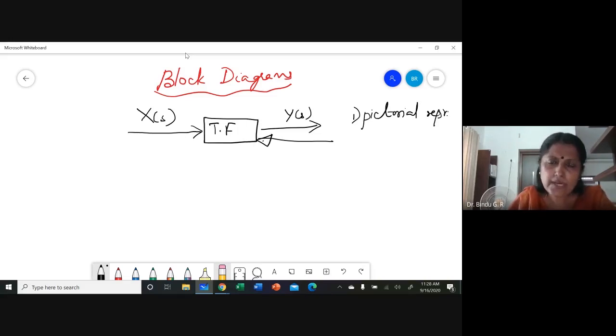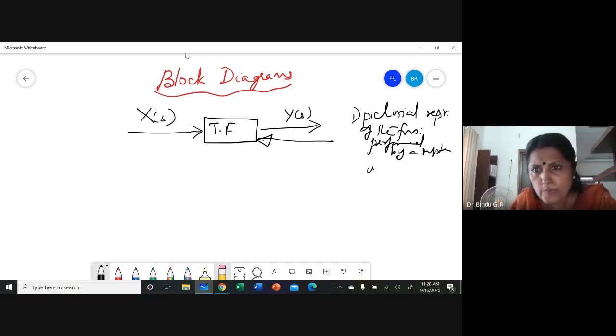So it is a pictorial representation of the functions performed by a system, and also of how signals are flowing. You have an input signal coming in and the output signal going out. So a transfer function is essentially a pictorial representation of the functions performed by a system as well as the flow of signals.